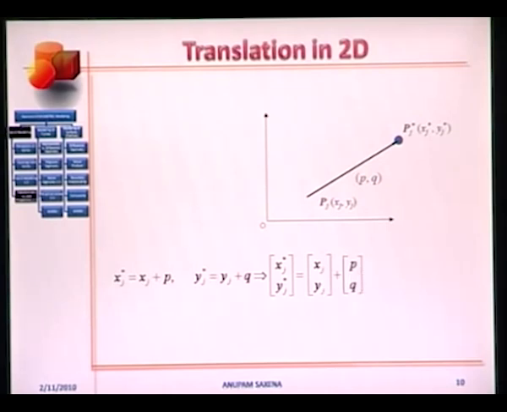Note that in rotation we were using a matrix to pre-multiply a column vector, but here we are using the addition operation. There is a slight discrepancy, but we'll address that later. In short form, position vector Pj star equals position vector Pj plus a free vector p.